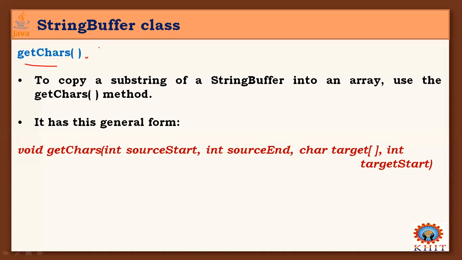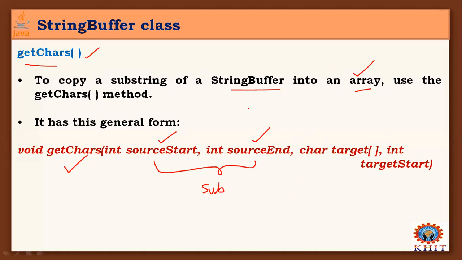Then the getChars method of this class is used to copy a substring of a string buffer into an array. We use the getChars method to copy the substring of a string buffer into a particular given array. That is already seen in the previous String class. Here also it does the same thing. Source start, source end: these two indexes represent that substring, right?